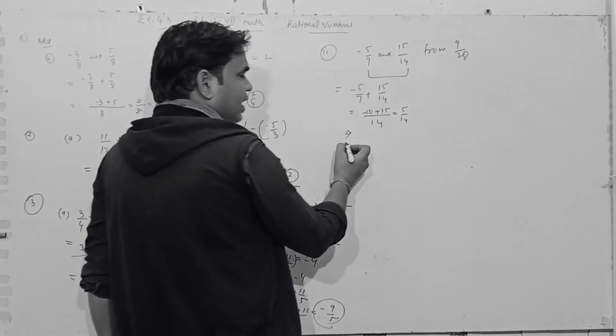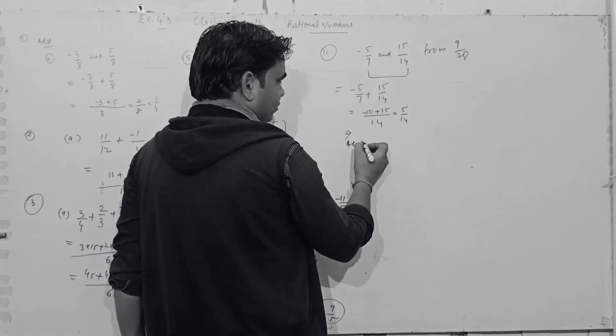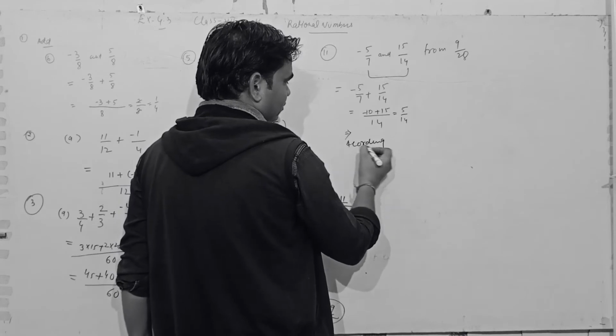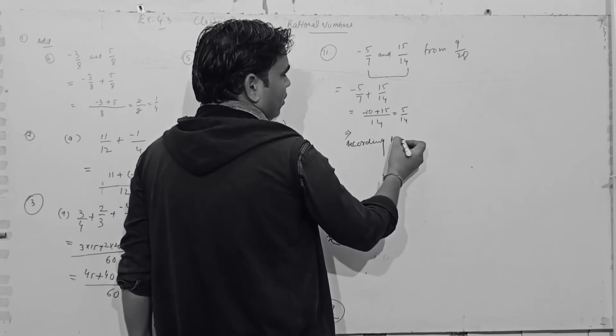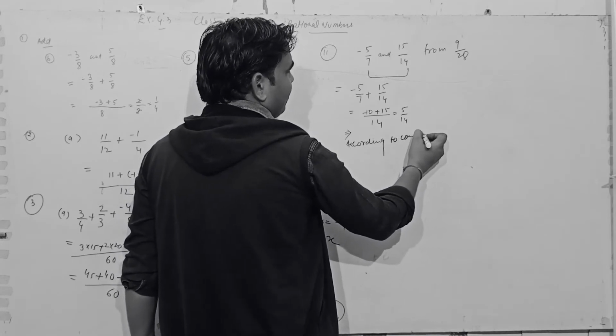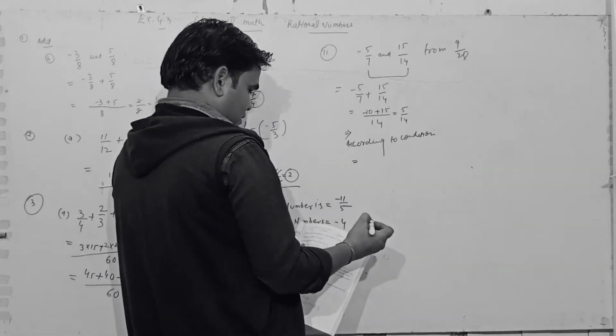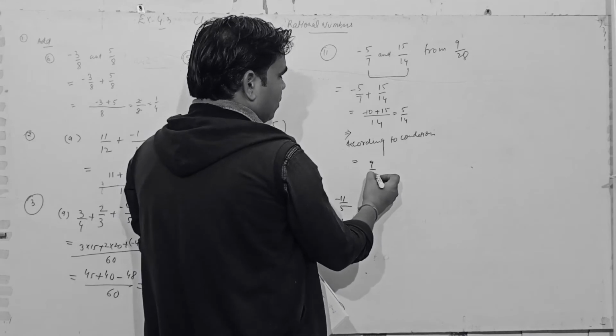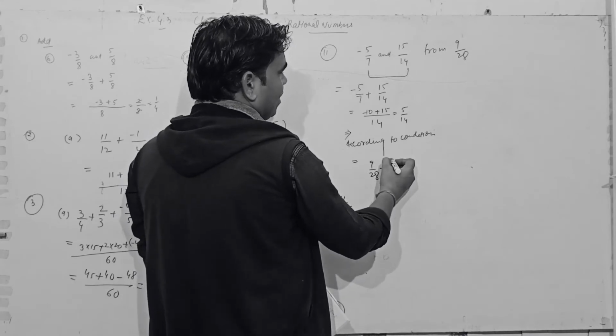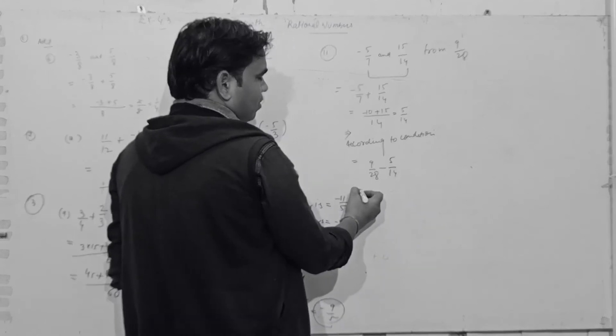So here according to the condition, 9 over 28, we subtract here 5 over 14.